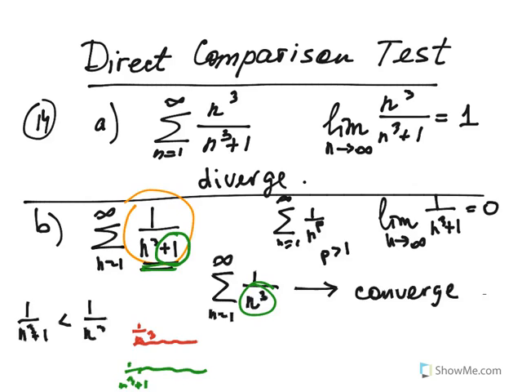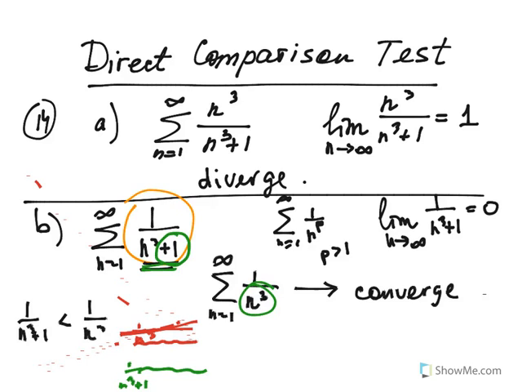Now, I know that the red one converges, so it doesn't go towards infinity, but actually approaches a certain value. As it approaches a certain value, the green one is under the red one, so that sort of pushes the green one down as well.